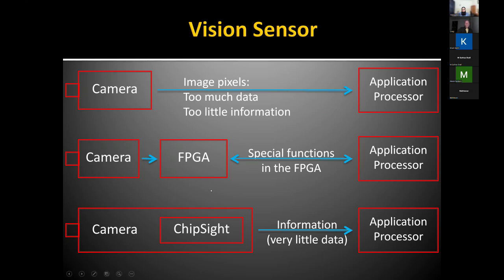And so the problem I wanted to solve was that pixel data is just too much. There's too much pixel data, and what we really want is information. We really want some information about the groups of pixels that make up surfaces or details or objects.